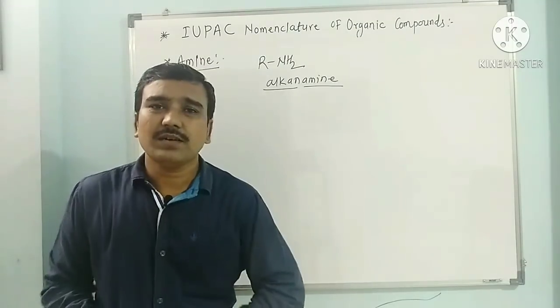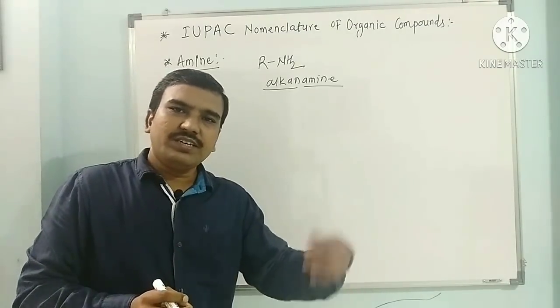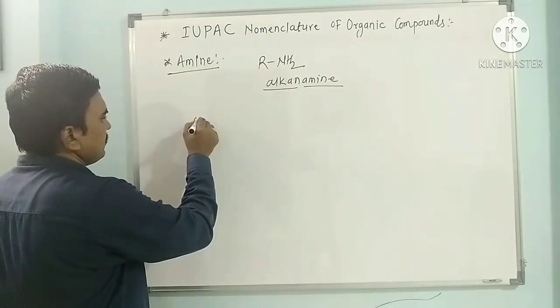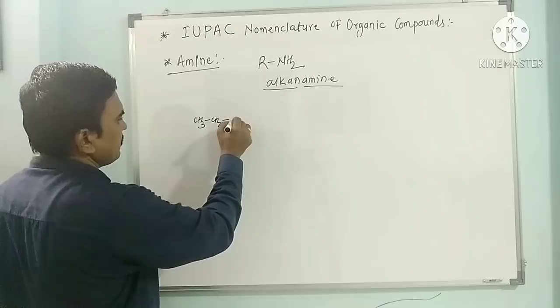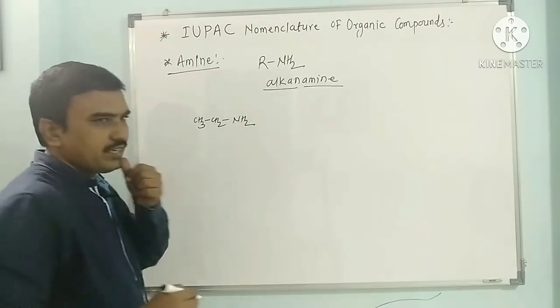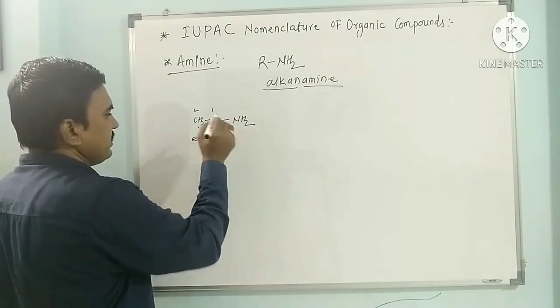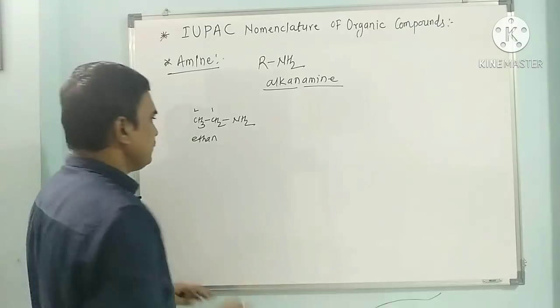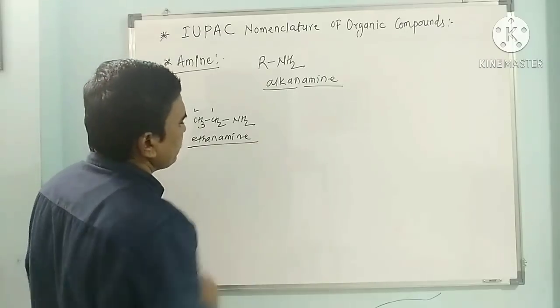While naming these amines, we have to give the lowest possible number to the carbon where the amino group is attached. Simple example: CH3CH2NH2. How many carbons here? 1 and 2. So this is ethane, last E replaced by amine, so this is ethanamine.